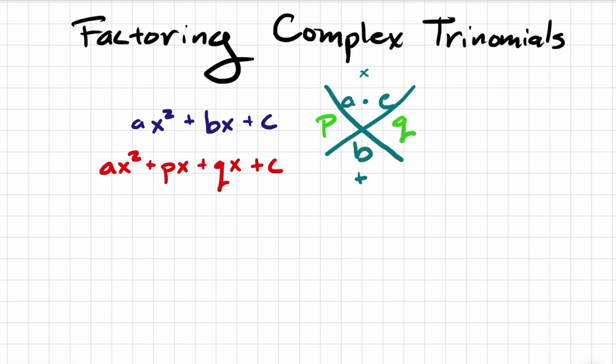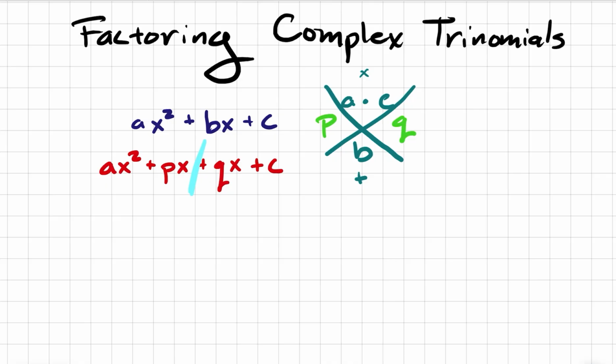Then the next step is to factor by grouping. If you forget how to factor by grouping, I would highly recommend checking out the previous video. What I do for factoring by grouping is split this in half, factor each part, look for a similar thing, and then combine them together.